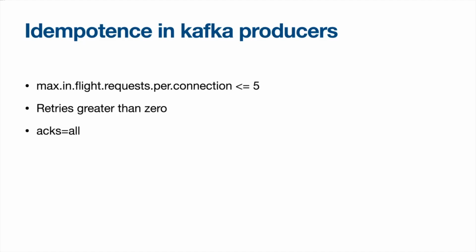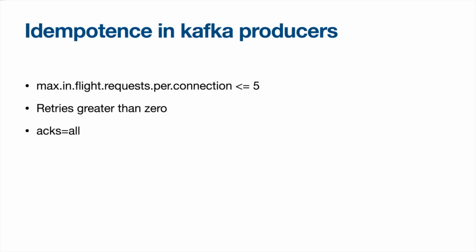You don't want to have any duplicates in your systems. Idempotent Kafka producers are here to address that issue, where you want to write your data only once, and having a duplicate in your system is highly undesirable. In such cases, idempotent Kafka producers are used.